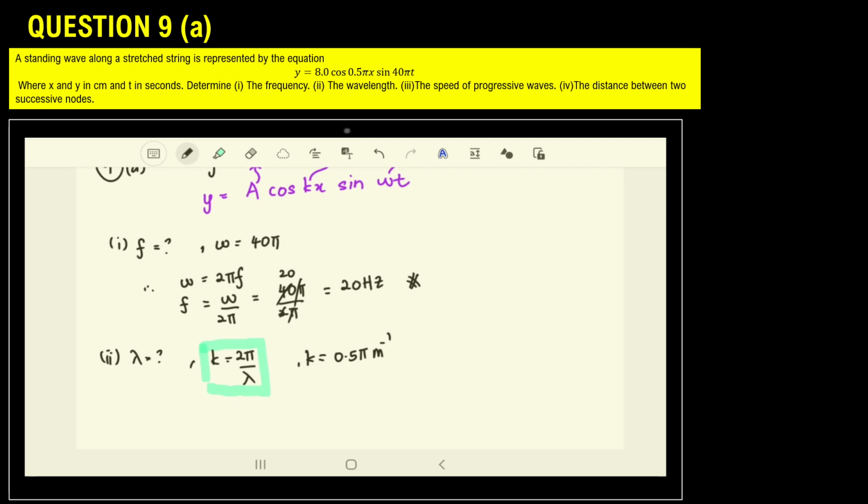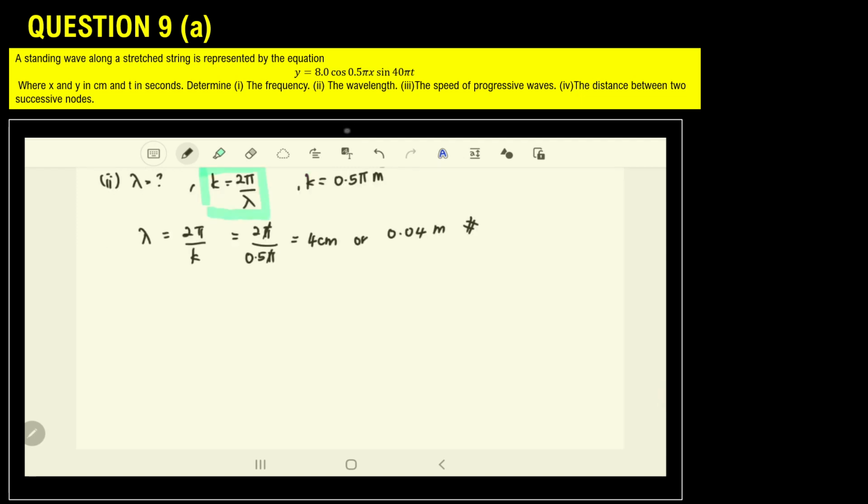Then we can find lambda. Lambda is equal to 2 pi over k, 2 pi over 0.5 pi. So 2 divided by 0.5 is equal to 4 centimeter or 0.04 meter.